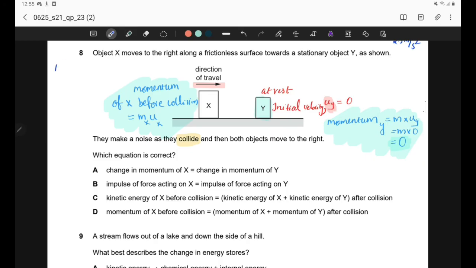So we can find out what is the total momentum of both X and Y before collision.